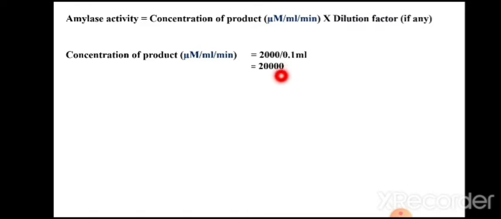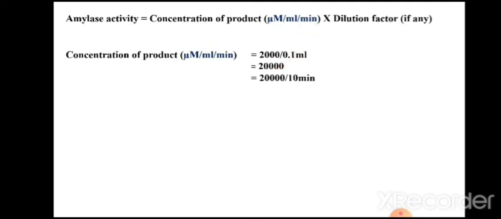Now you want to convert this into per minute. Remember that in the protocol for test, the incubation period was 10 minutes. So this is the amount of product formed after 10 minutes. Now you want to convert that into per minute.